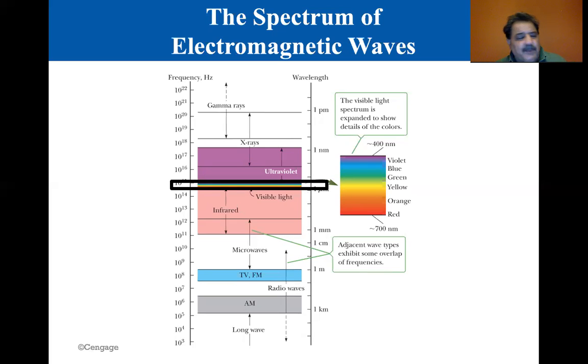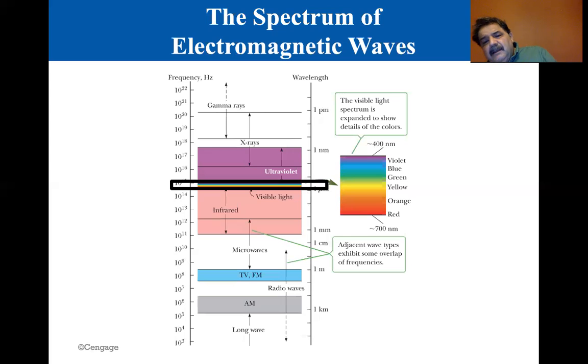Then we have the visible light spectrum. Here the book talks about red being 7 times 10 to the minus 7 meters, and 5.6 times 10 to the minus 7 for the yellow green.